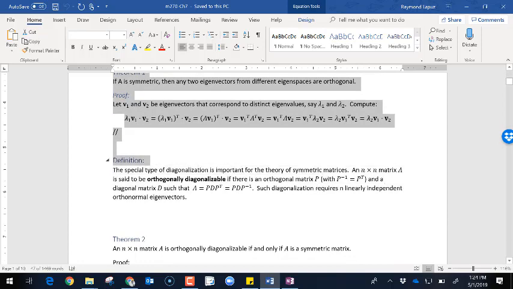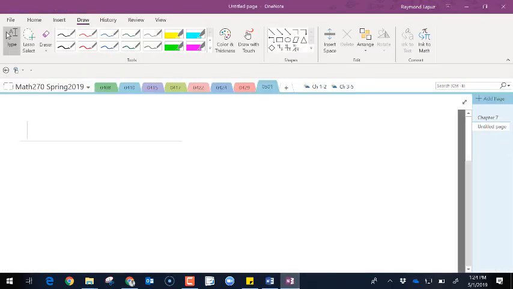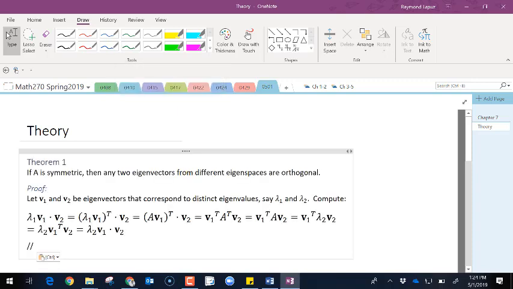So let's throw some theory out here. There's a theorem that says if you have a symmetric matrix and any two eigenvectors that are distinct, that come from two different eigenspaces, we'll have orthogonal eigenspaces. We saw that.